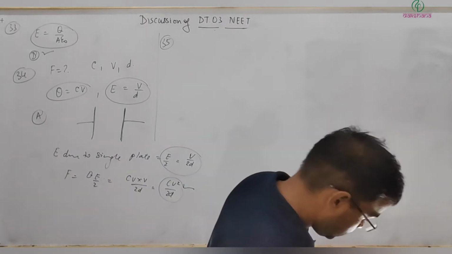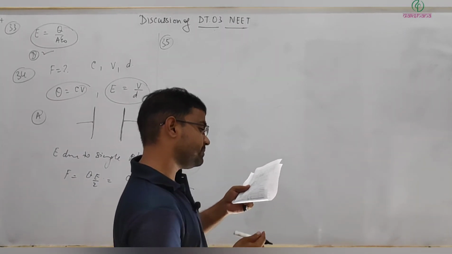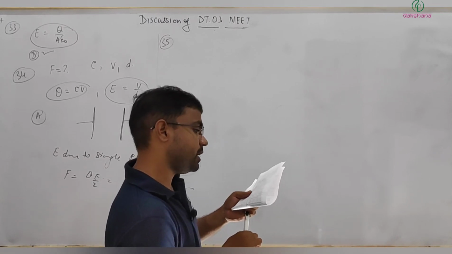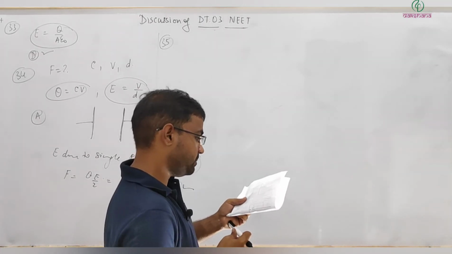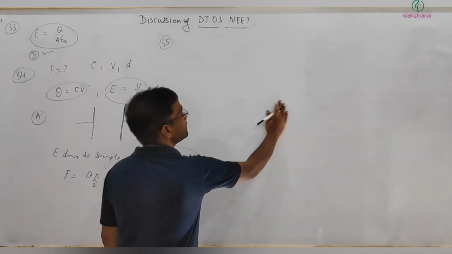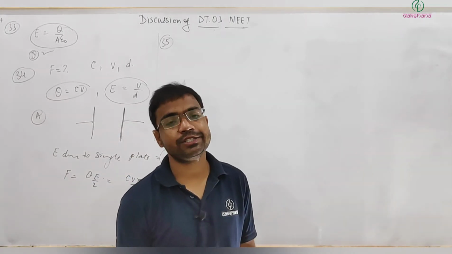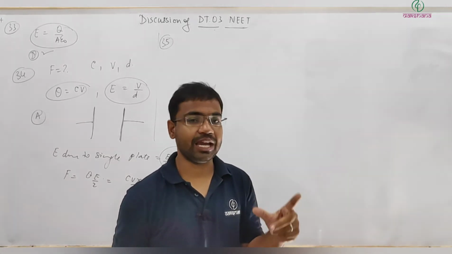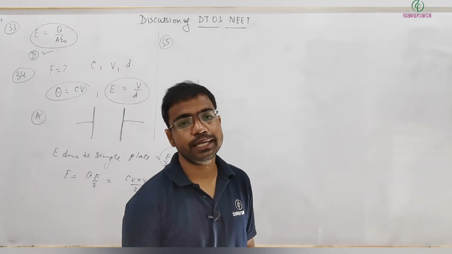Question number 35. Next it's saying two metal spheres of capacitance C1 and C2 carry some charges. They are put in contact and then separated. The final charges Q1 and Q2 on them satisfy which relation? When spheres or capacitors are connected and brought in contact, the charge transfer takes place up to the point when the potentials of both are equal. When the potentials become equal, charge sharing stops.